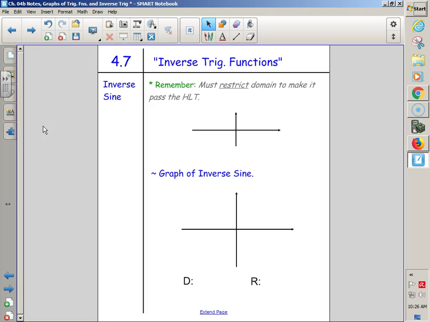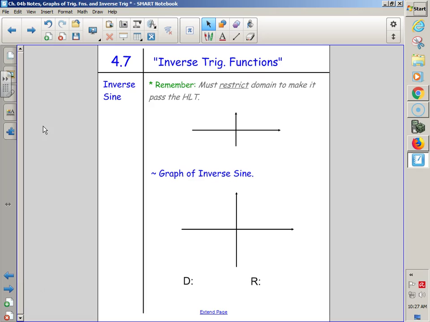If you guys remember from when we talked about inverses last time, inverse functions have a snazzy notation with a -1. Which on your calculator is actually kind of nice.